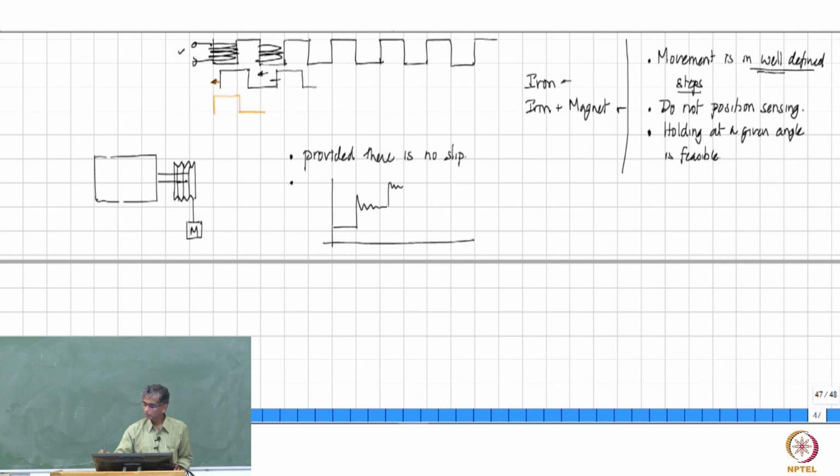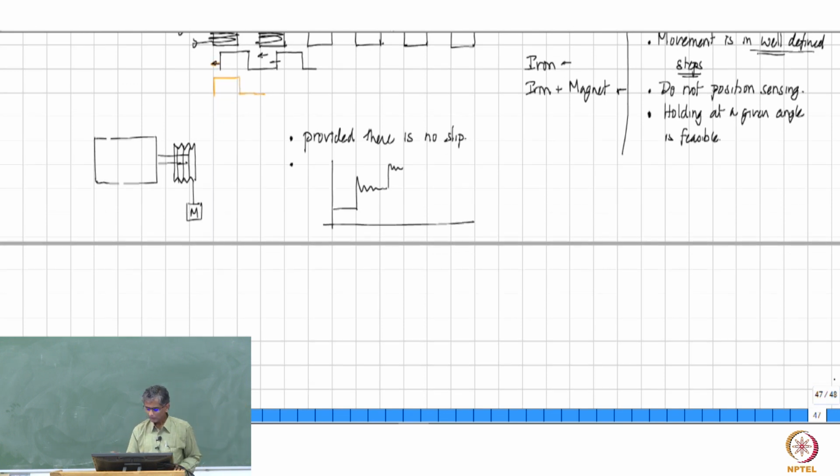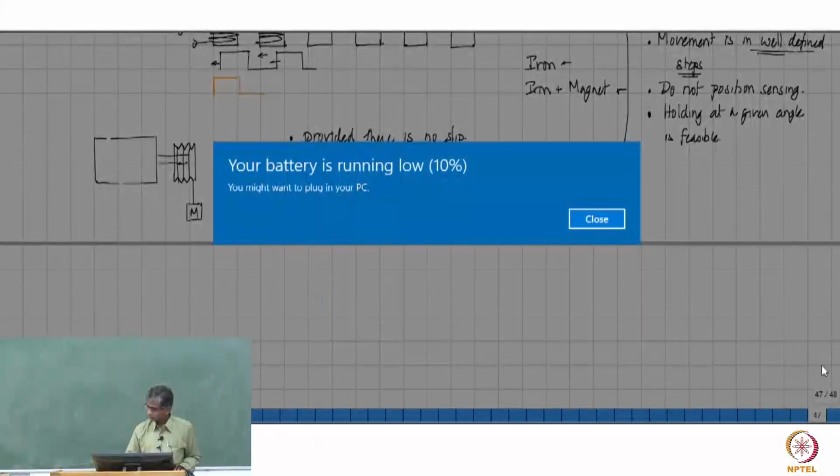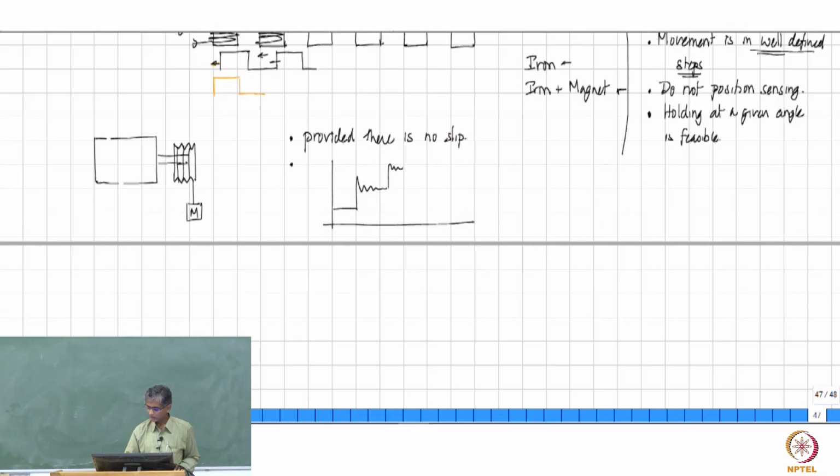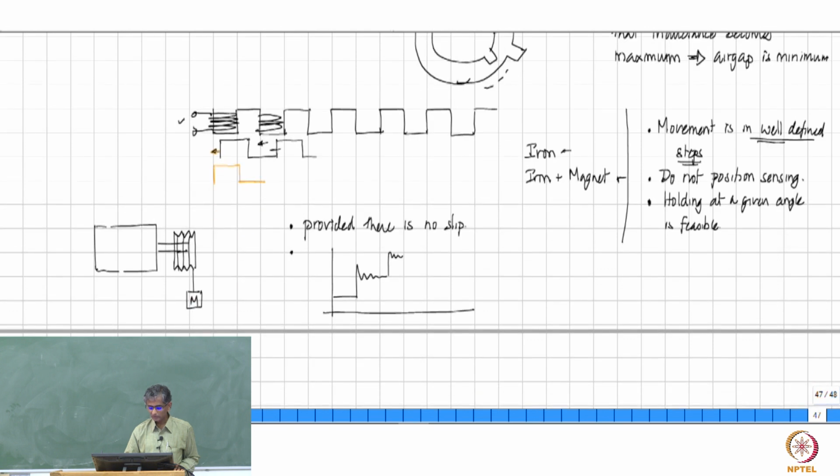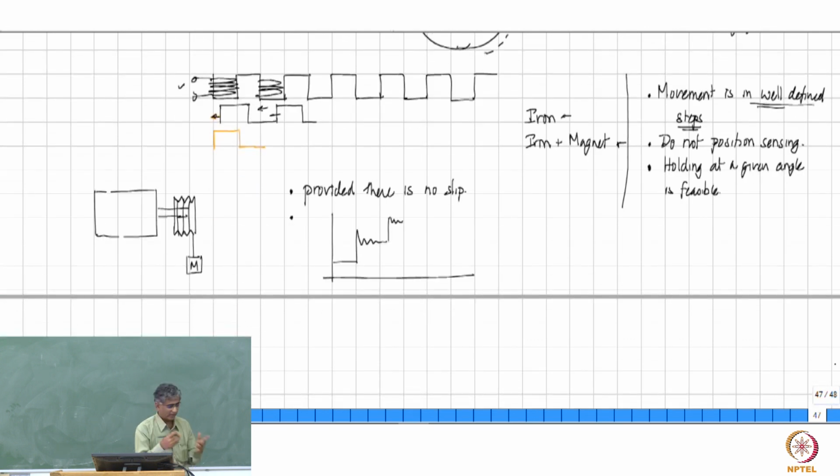Though it is going to move in well-defined steps, one has to consider these aspects as well. However, there are some other ways to overcome this. This is happening because you are discretely energizing one phase, waiting for some time, and then discretely energizing the next phase, switching the first one off.